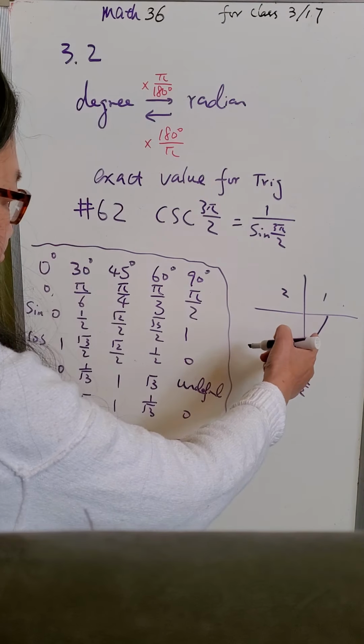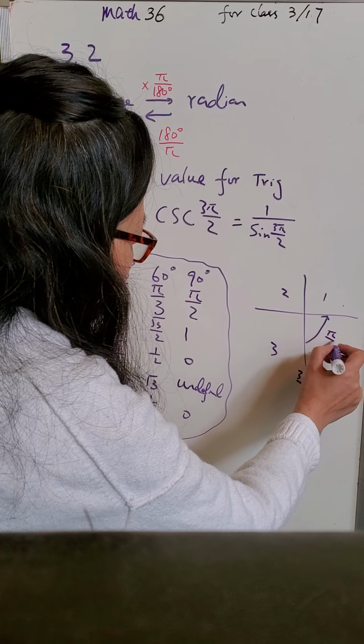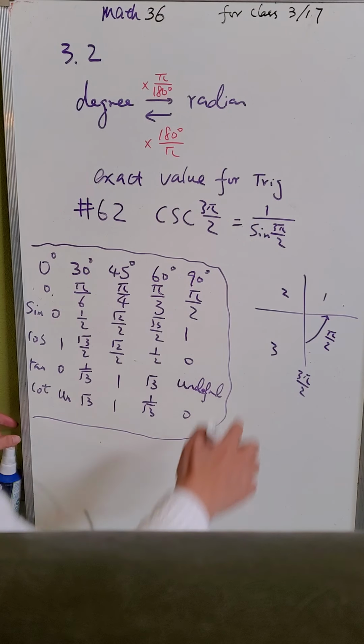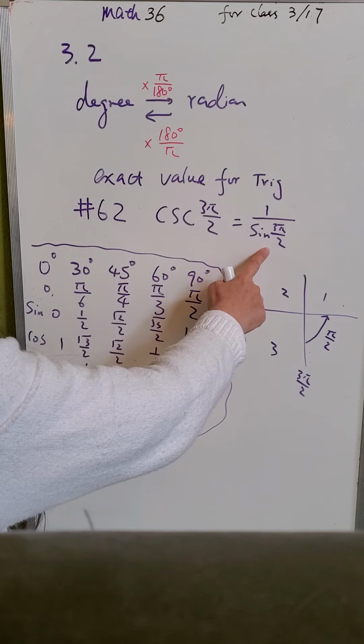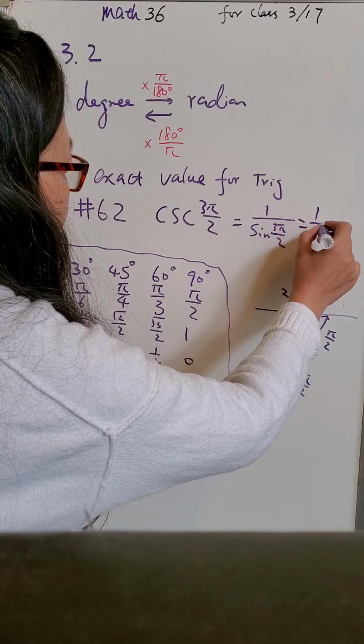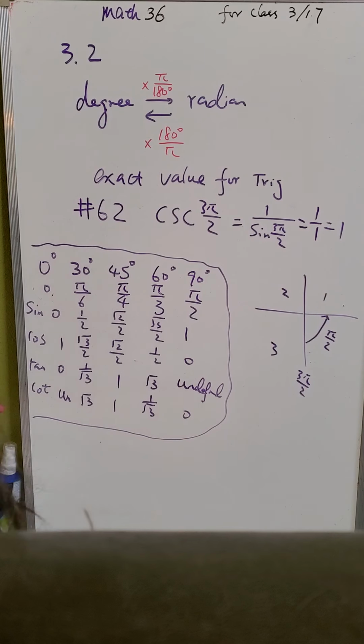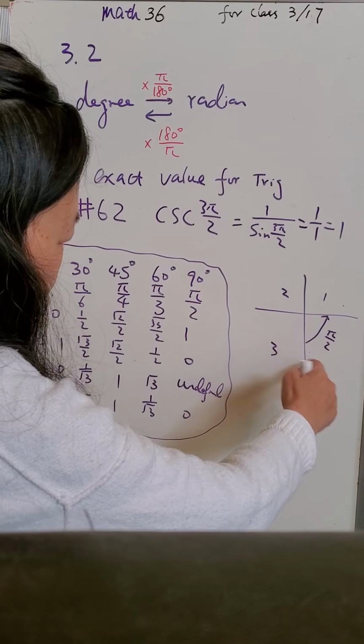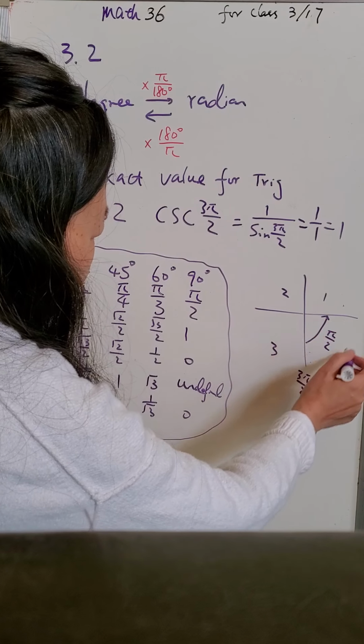So we look for sine of pi over 2, which is 1. So 1 over 1 is equal to 1. That's how you do 16(2).